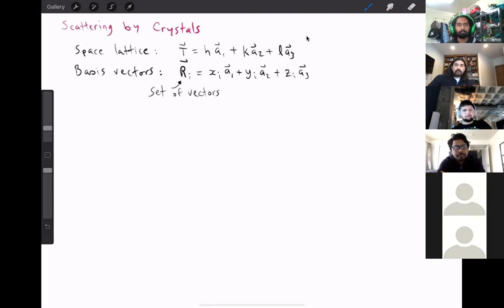They don't have to be integers like 0, 1. They can be whatever number you want. So with the T vector, that's the space lattice, and the set of vectors in your basis set, you can define the location of each of the atoms in your crystal. So any questions up to here? This is just review, to refresh you on the definitions.